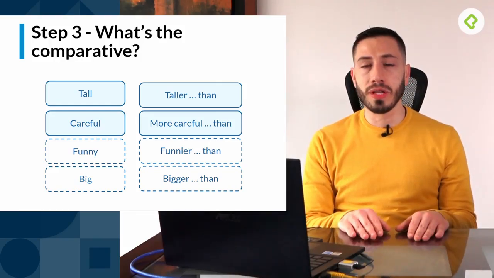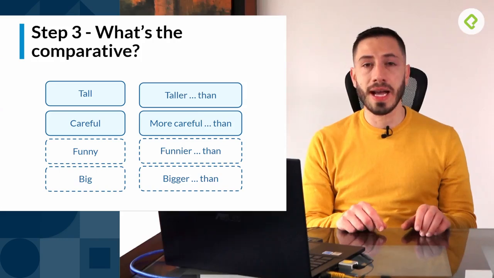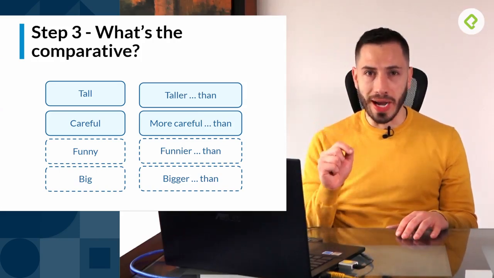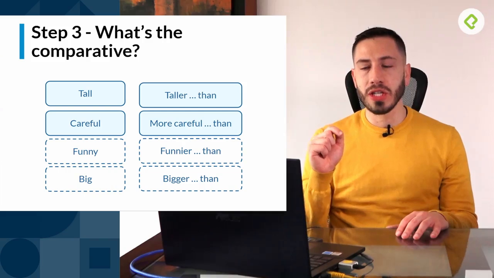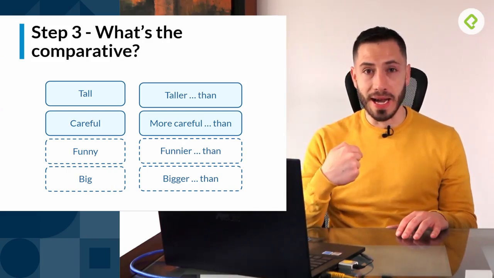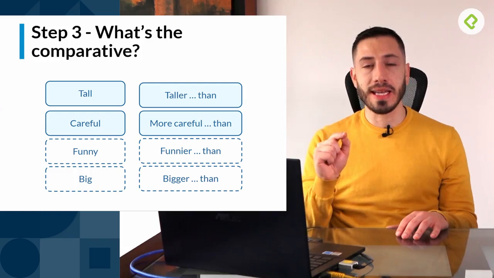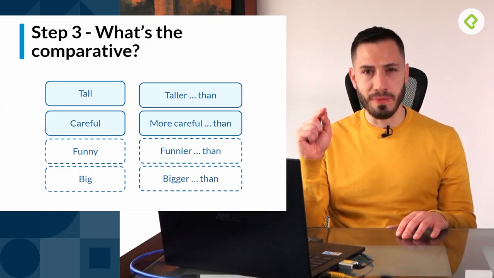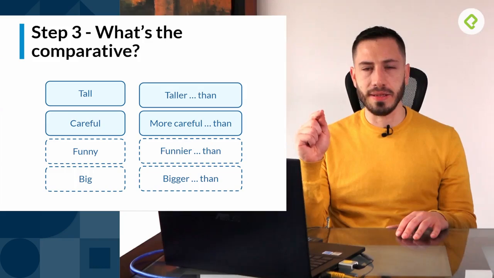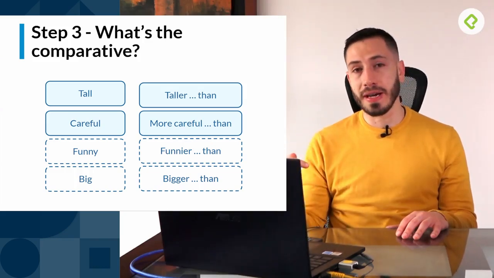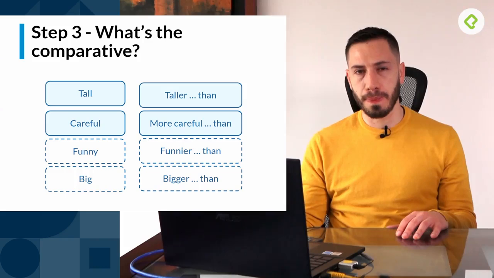There are some exceptions. For example, the word funny has 2 syllables. But when the word finishes on a Y, you replace that letter for an I, as in I am Jaime, and then you add the ER, as in the first case. Remember with tall? Exactly. So for funny, the comparative would be funnier than.